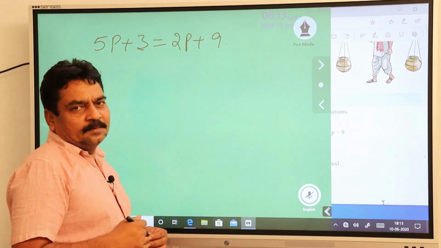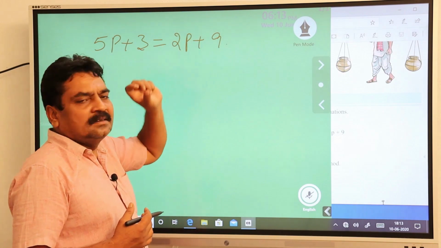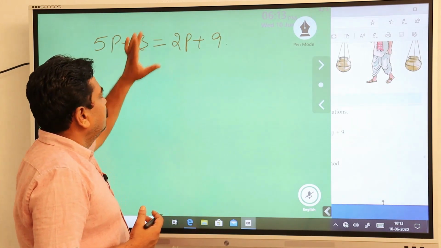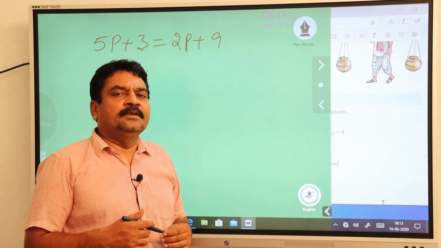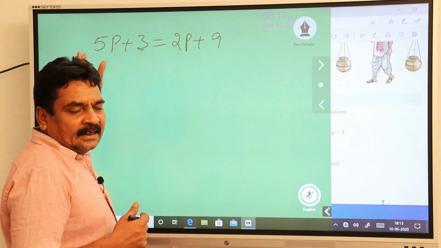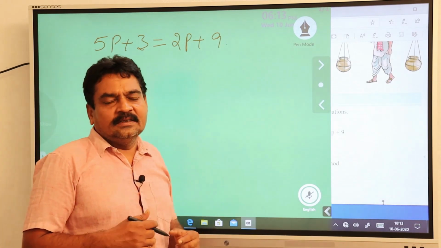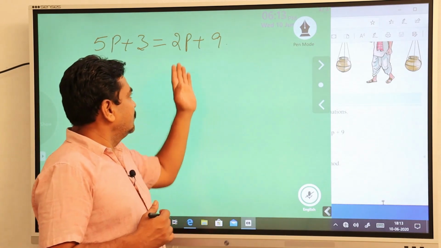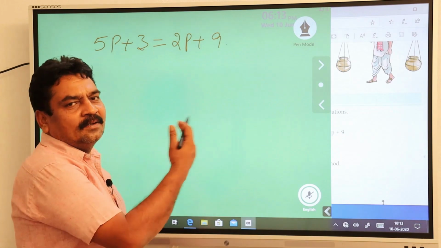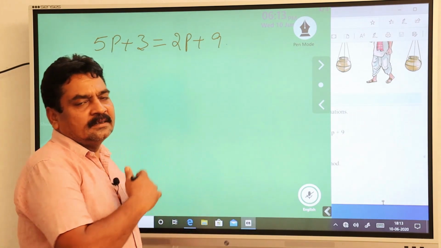There are again two expressions here. This is one expression, another one is this, separated by the symbol equal to in between. So the expression which is at the left side of the equal to, you call it as LHS, left hand side. And the expression which is present on the right side of the equal to, you call it as RHS, that is right hand side.